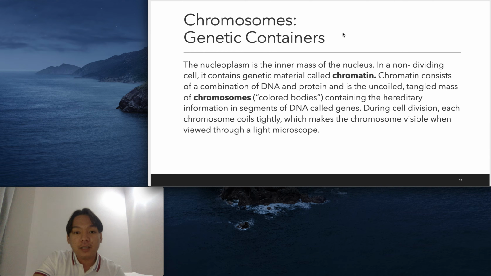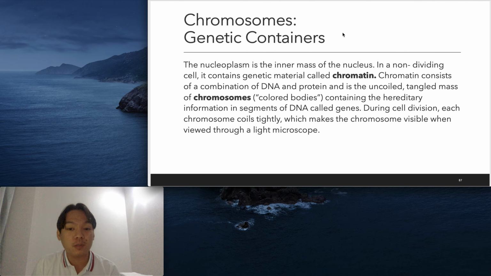So what are the genetic containers of your cell? We call them chromosomes. The nucleoplasm is the inner mass of your nucleus, and it contains the chromatin, which is the genetic material. The chromatin consists of DNA and proteins in an uncoiled, tangled mass.